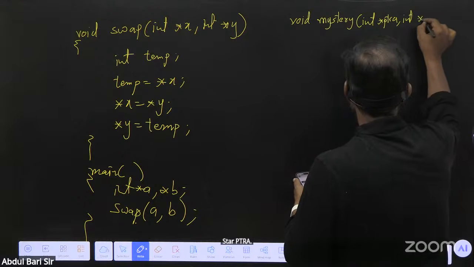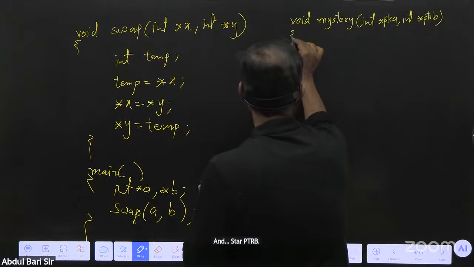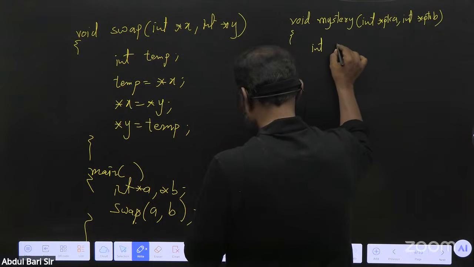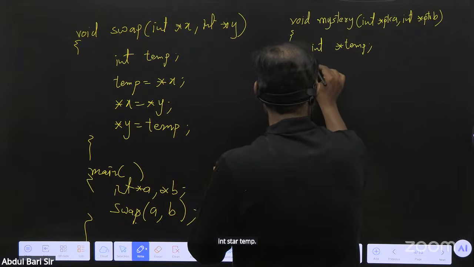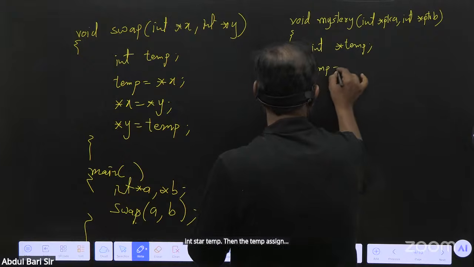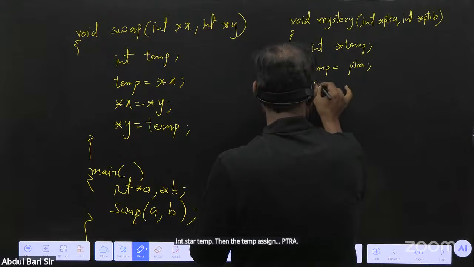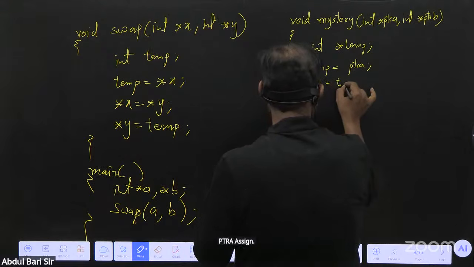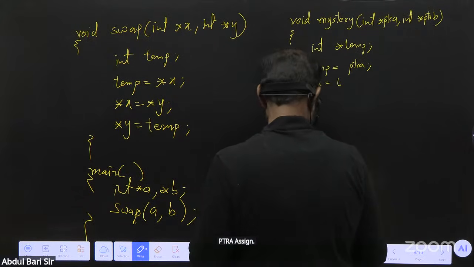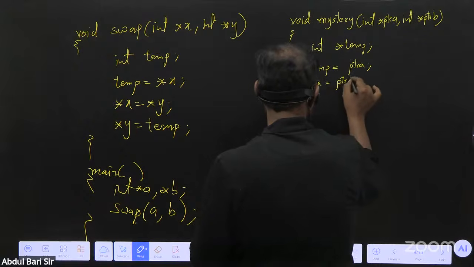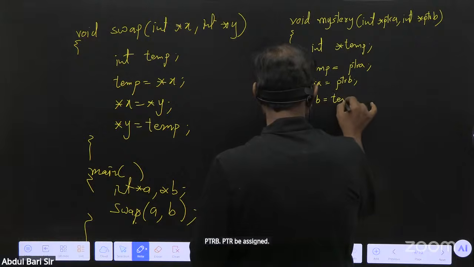Int star ptrA, int star ptrB, int star temp, then temp assign ptrA, ptrA assign ptrB, ptrB assign temp.